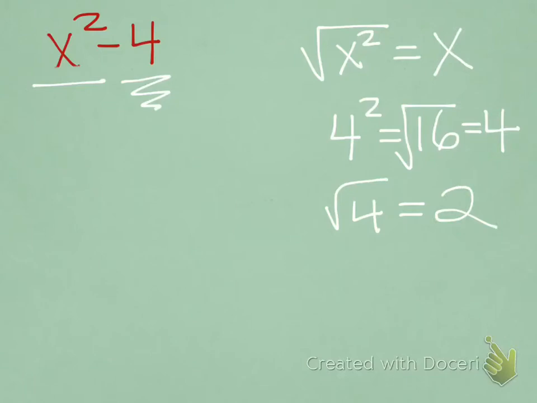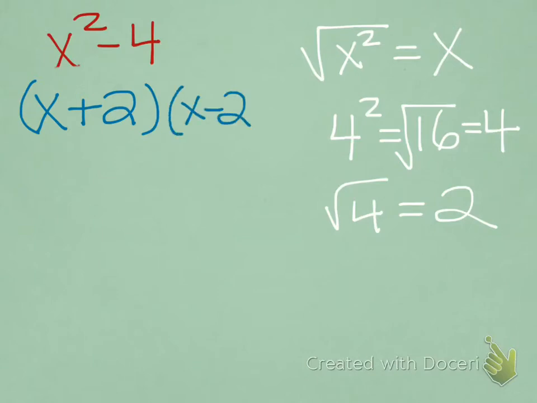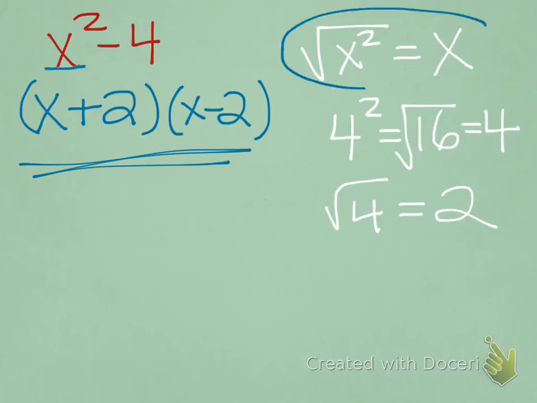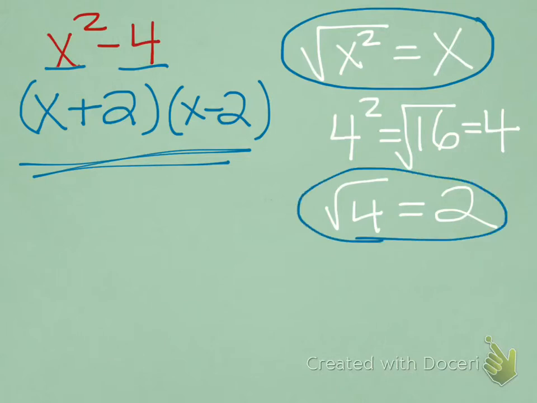Okay, so with this thought process in your head, all it is, when you factor, is x plus 2 and x minus 2. So my factored form is made up of this first term being square rooted and the second term being square rooted. Notice how I have x plus 2 and x minus 2.